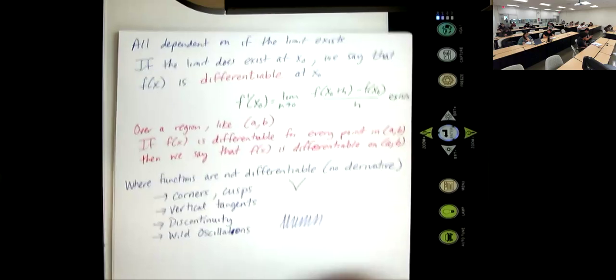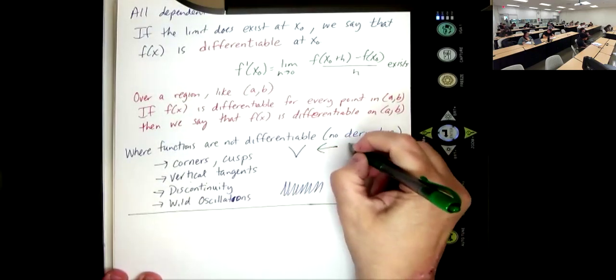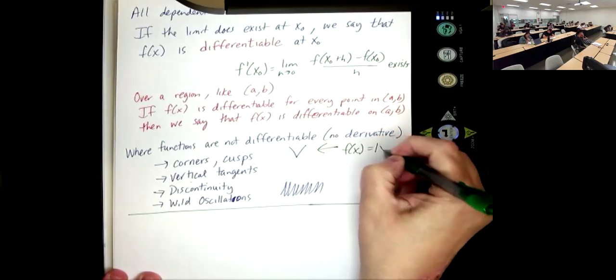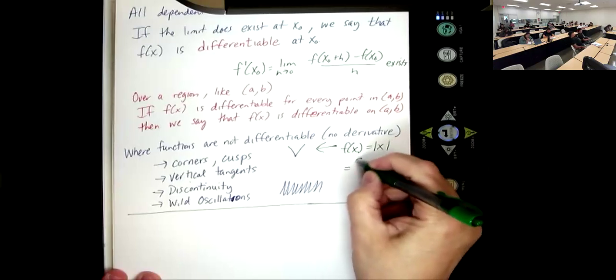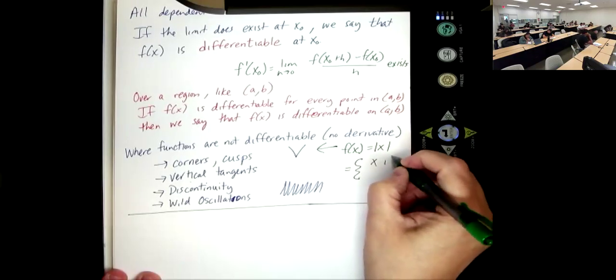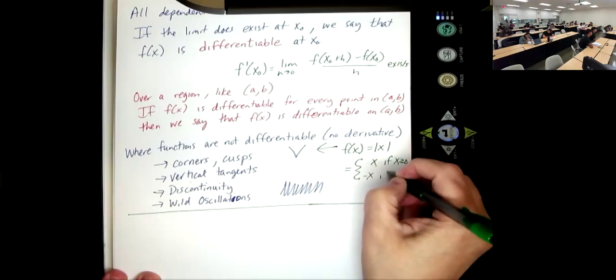I'll just show you a quick example of the first one. This is like f of x equals the absolute value of x. And that's defined to be x if x is greater than or equal to 0, and negative x if x is less than 0.